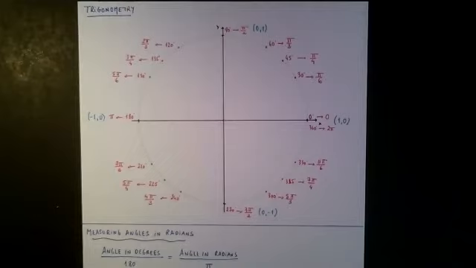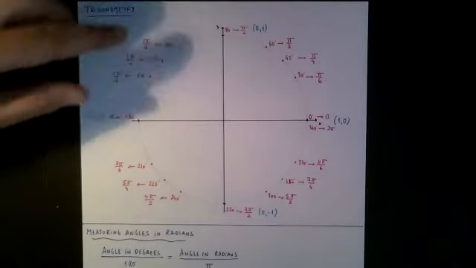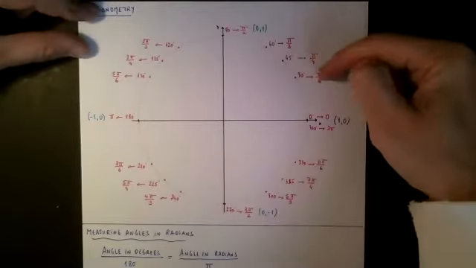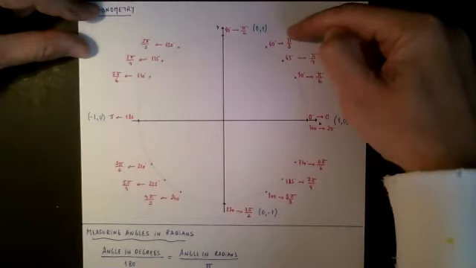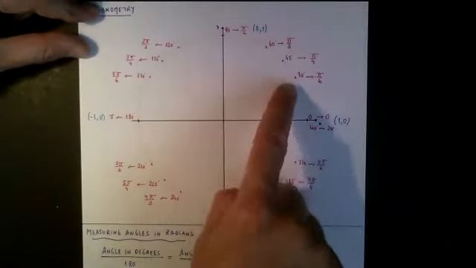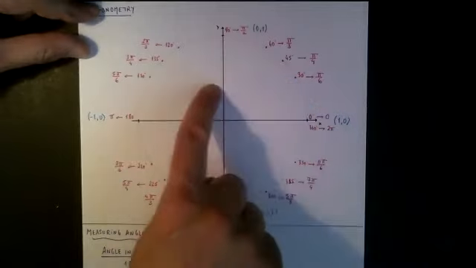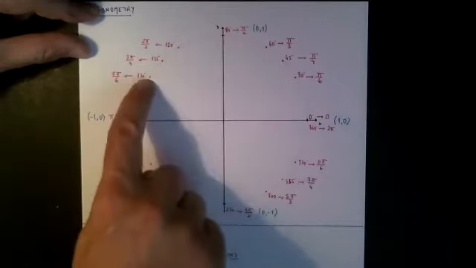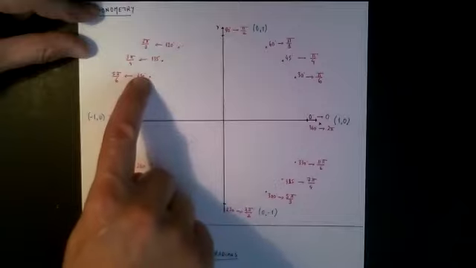Okay. So now let's work a bit to find these three here, 30, 45, 60. Why am I only concerned about these three? Because if I get 30, well, the y coordinate is pretty much the same as 150.